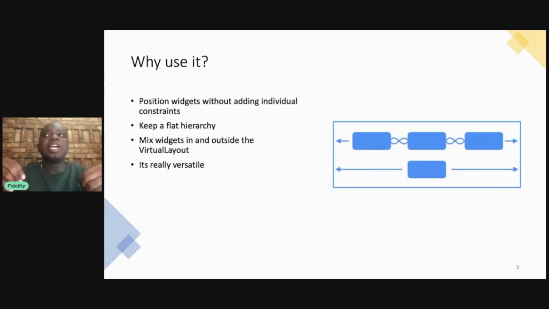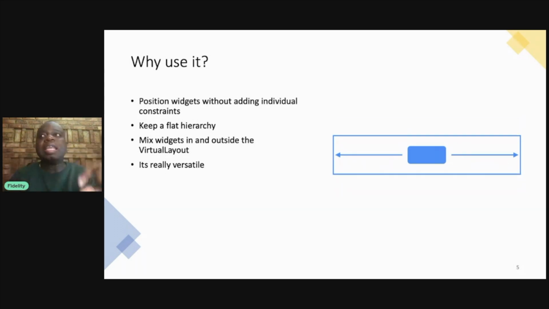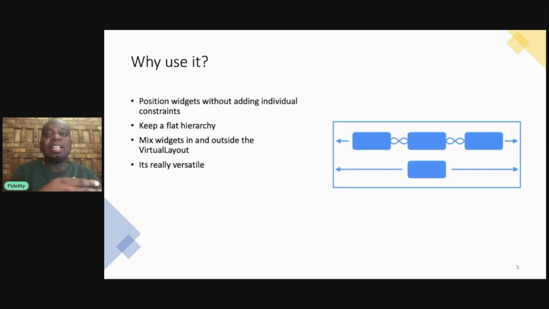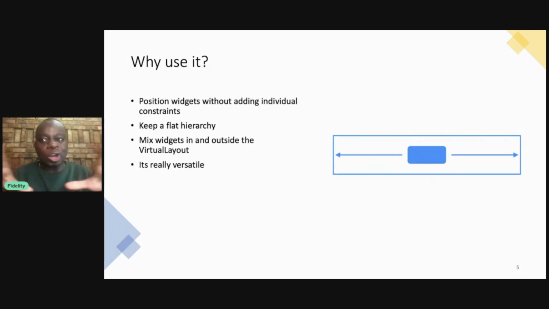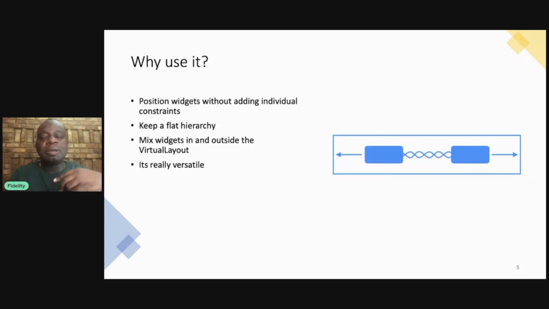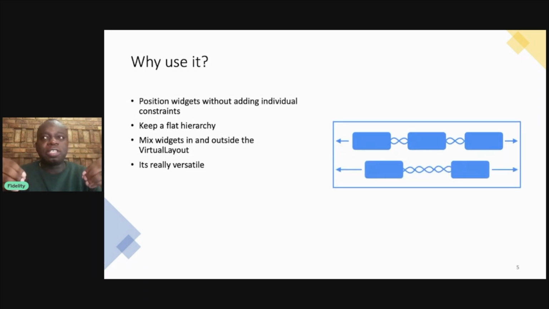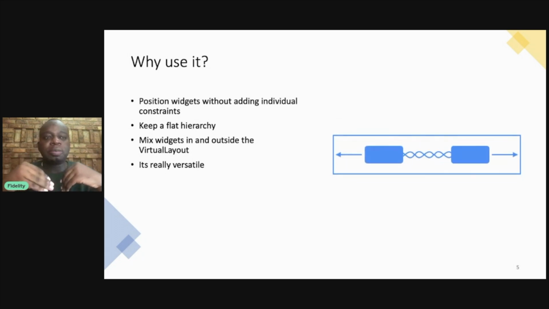You don't have to worry about fiddling with constraints for each little element and making sure that it's constrained relative to something else. I'm sure if we were watching PJ making his login screen, although that was iOS, we noticed it was just a lot of effort to use constraints to lay out many small views.